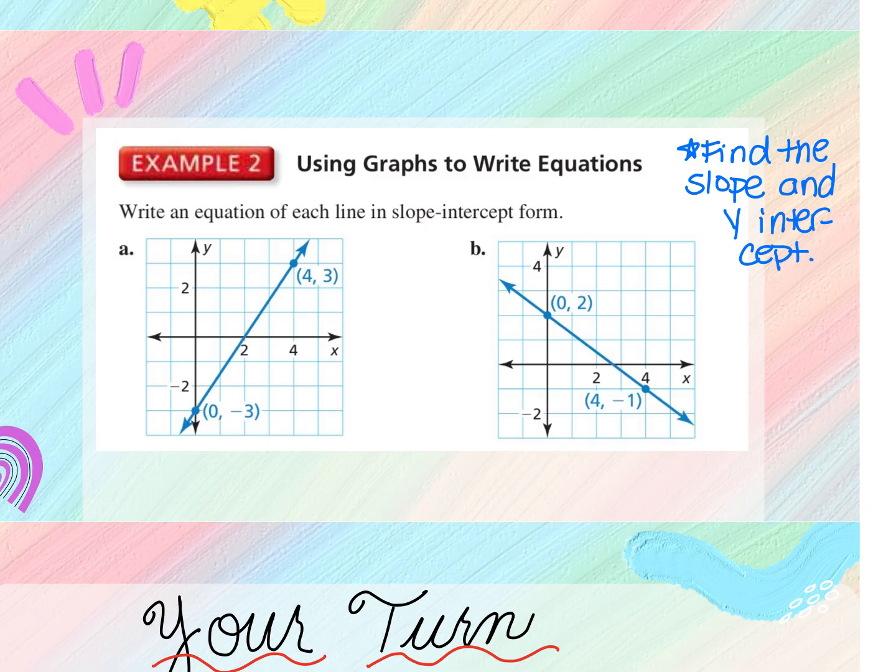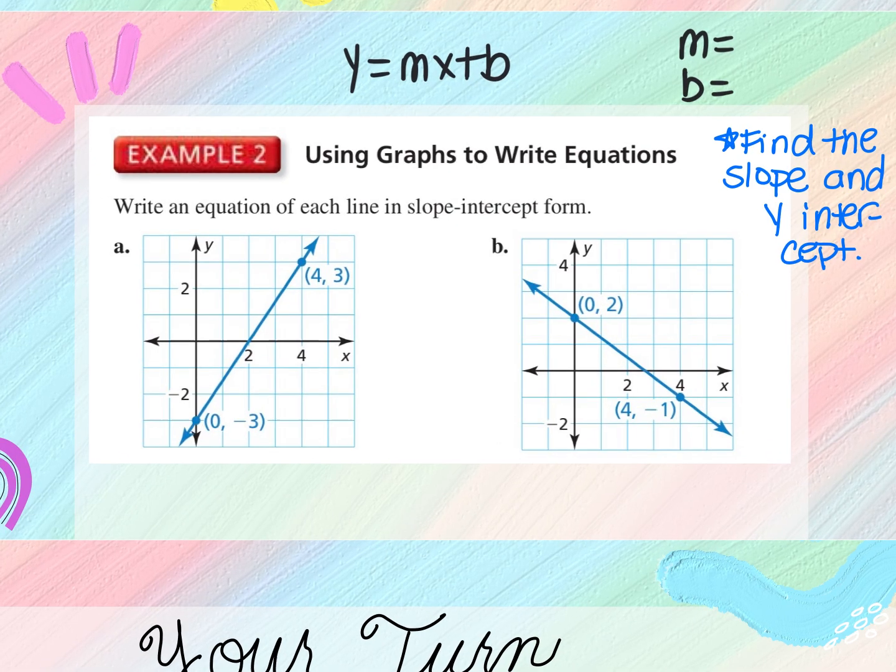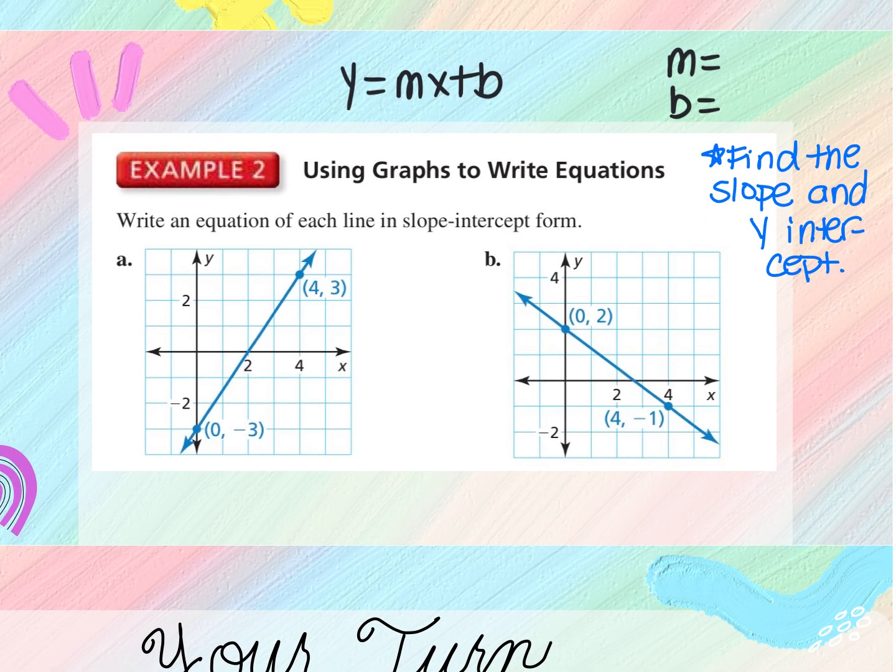So, if I want to write an equation in slope-intercept form, which is y equals mx plus b, what two pieces of information do you need to have to be able to write an equation in slope-intercept form? The slope, which is the m, and the y-intercept, which is the b. Now, if we look at a graph, what piece of information do you know right away without doing any work from a graph?